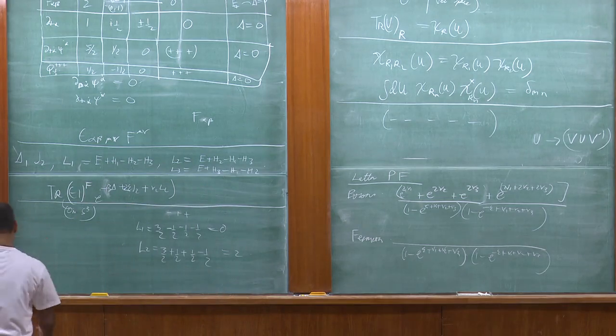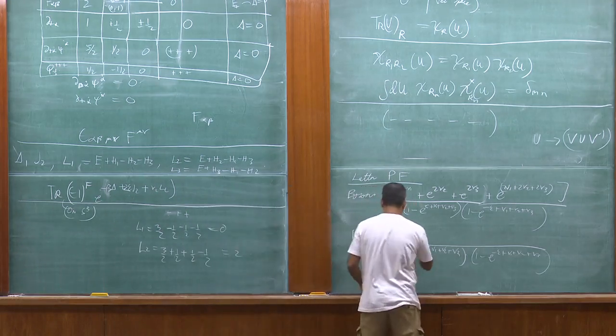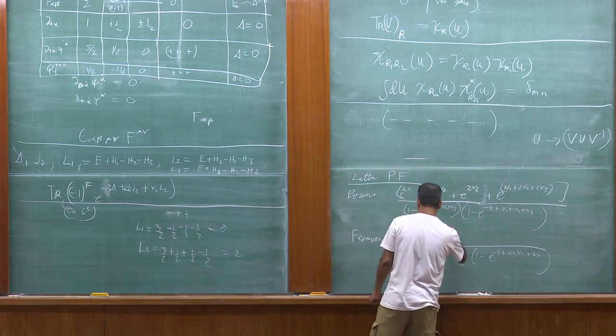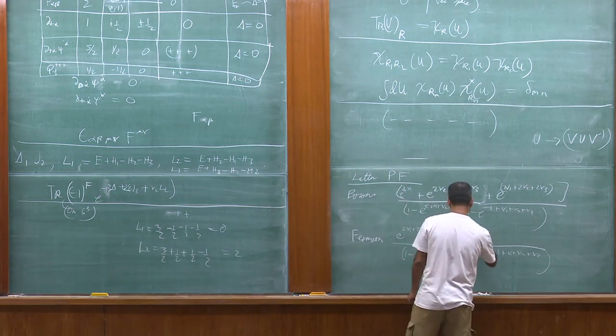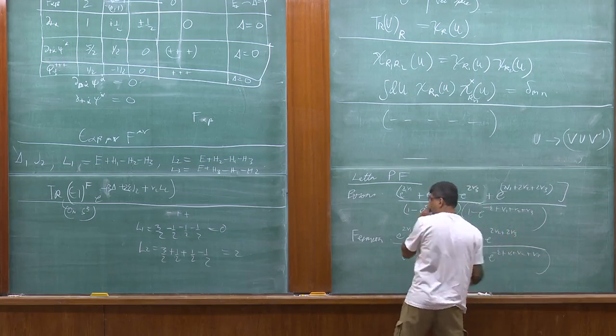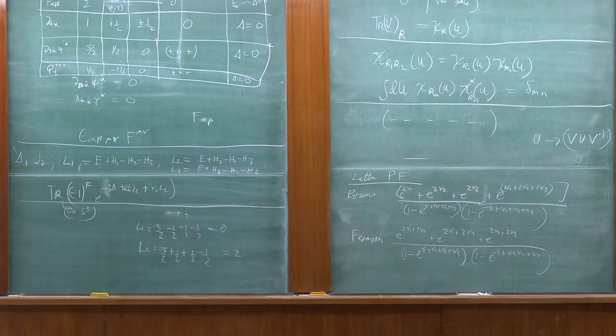So do you see that for the fermions we will get e to the power 2 nu1 plus 2 nu2 plus e to the power 2 nu1 plus 2 nu3 plus e to the power 2 nu2 plus 2 nu3 for that first set of fermions. All good? Okay?